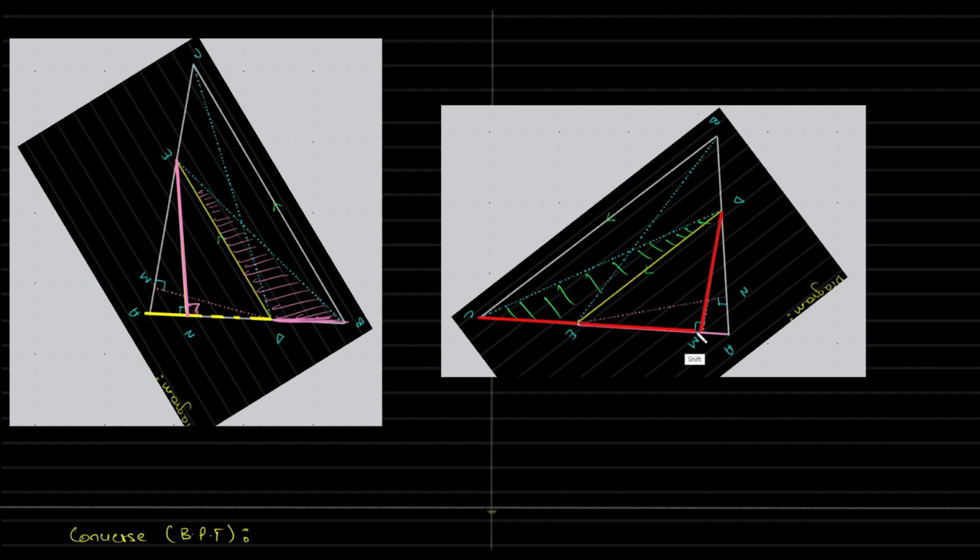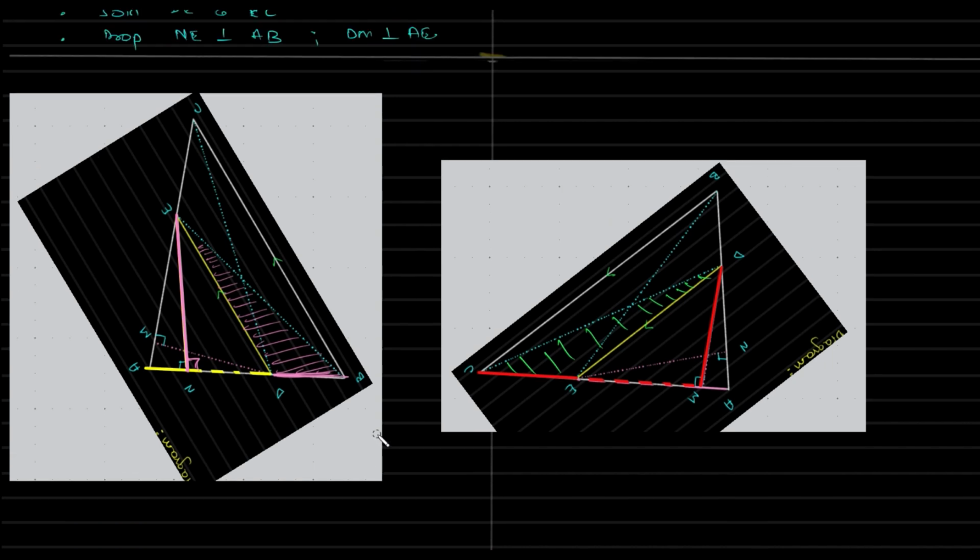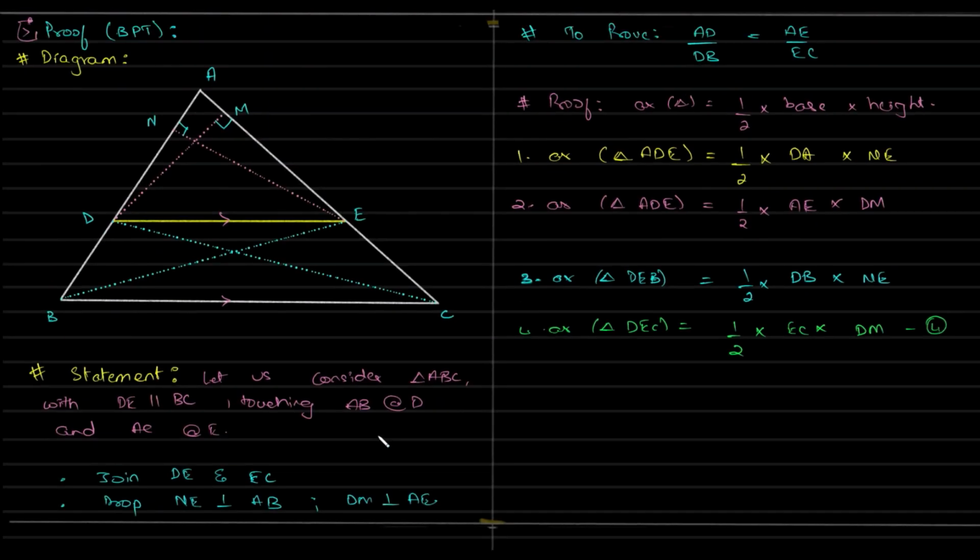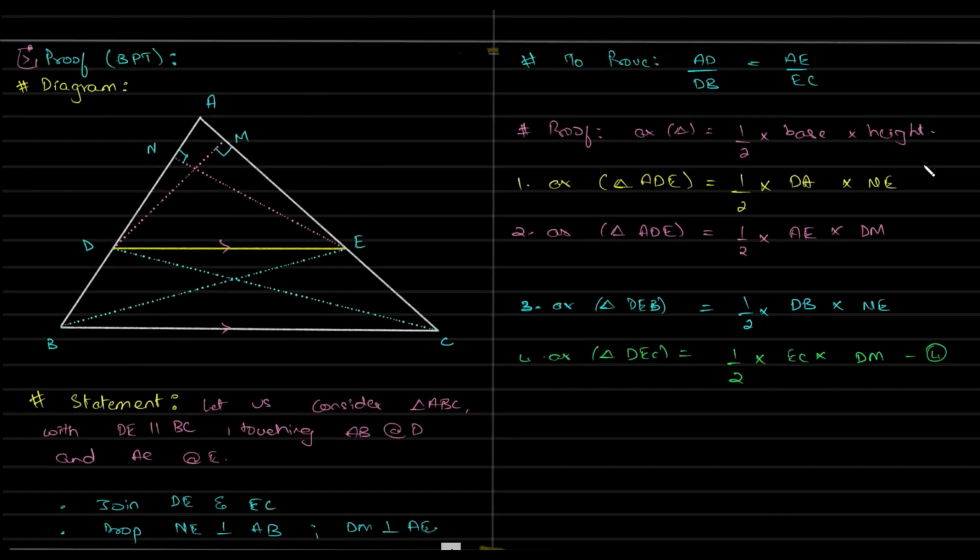Again, I'm just extending it and dropping a height. So for this as the base, that's your height. Okay, and we have what is required. So we'll call these 1, 2, 3, and 4.